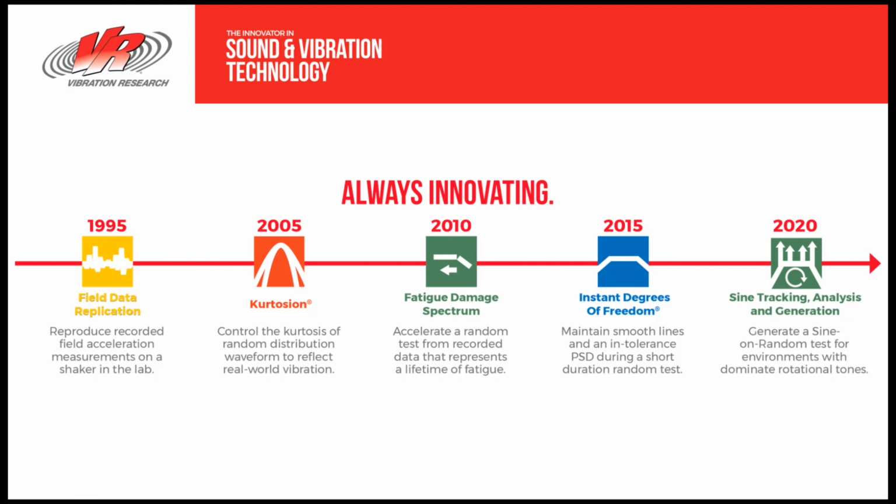So that's been the goal of Vibration Research since our foundation, really trying to improve and make testing more realistic, all while making things easier to understand and simplifying the engineering process.